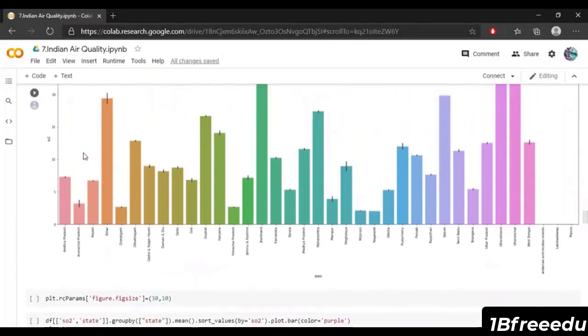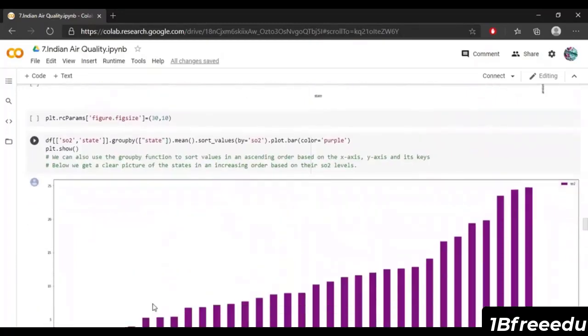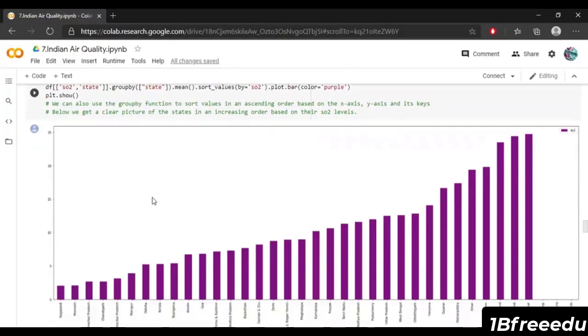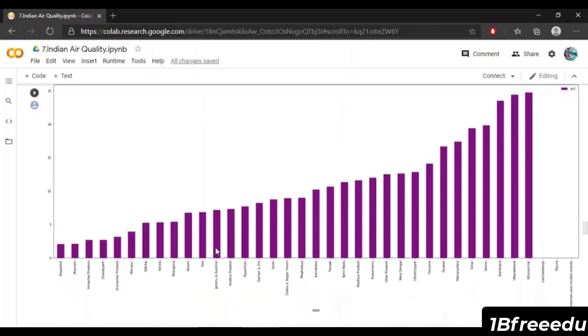Basically both codes are similar. The only difference is the way they have been plotted. We have plotted this plot in ascending order, and as you can see, this plot gives us a clearer picture as compared to the previous bar plot.